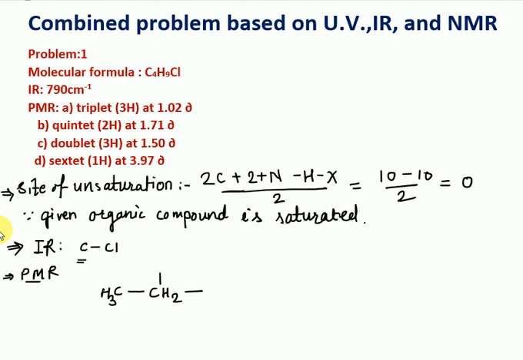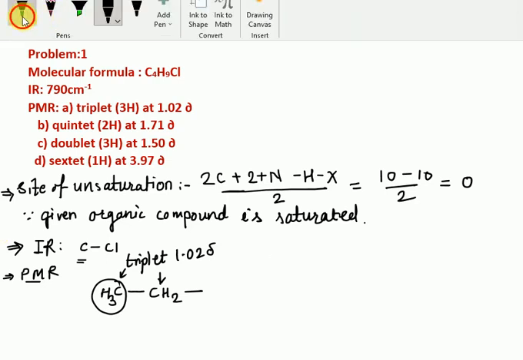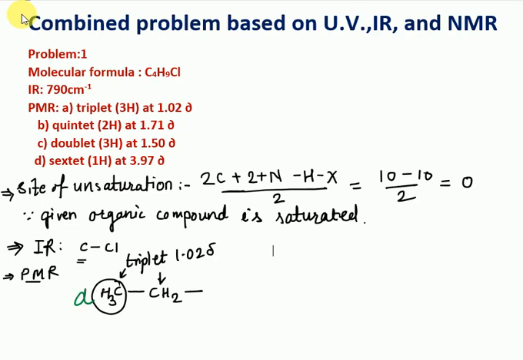So these 3 hydrogen will give the triplet value at 1.02 delta value. This is the first; we can name it A. Then B.